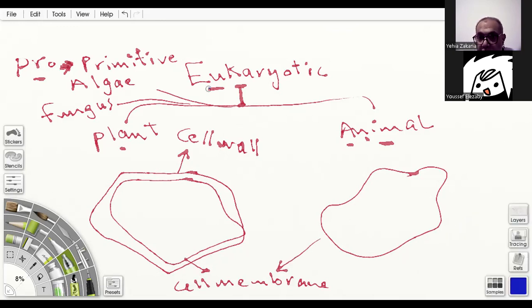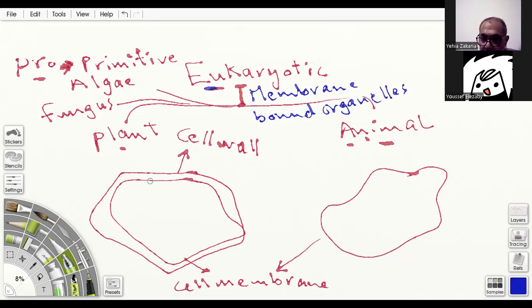Eukaryotic cells are characterized by the presence of membrane-bound organelles, like the nucleus, which we have here and here.